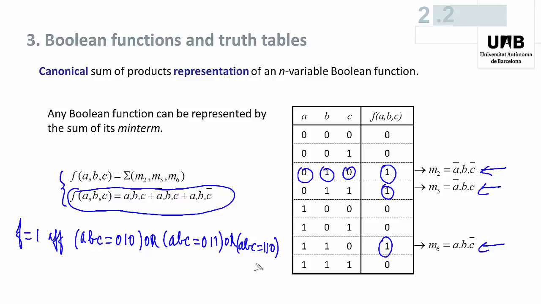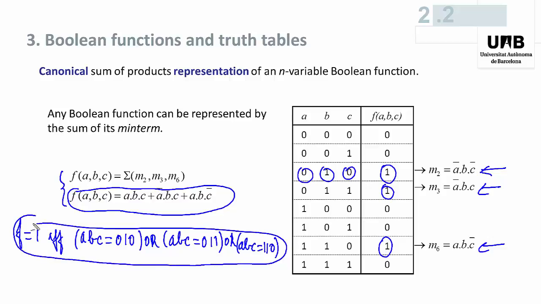We could say that we have formalized in an algebraic way this kind of condition. By the way, this type of representation as a sum of minterms is called canonical representation of the function.